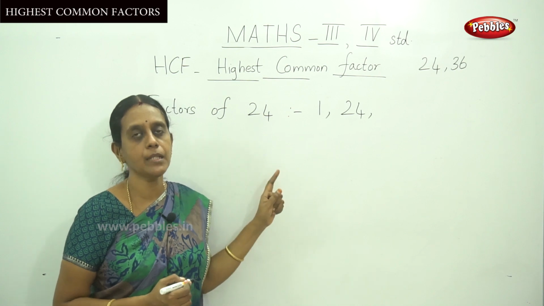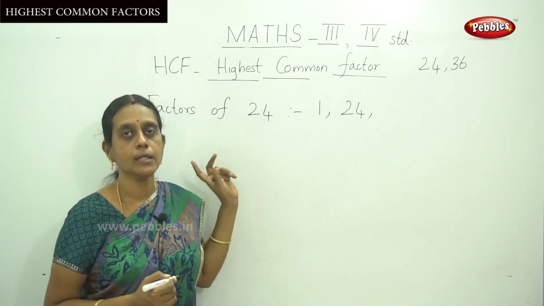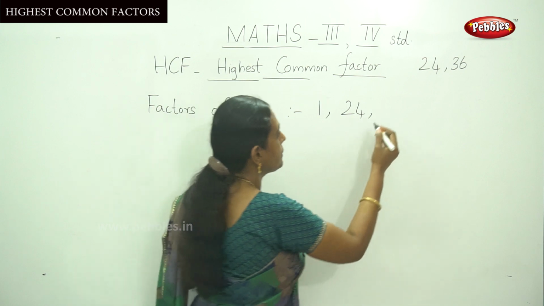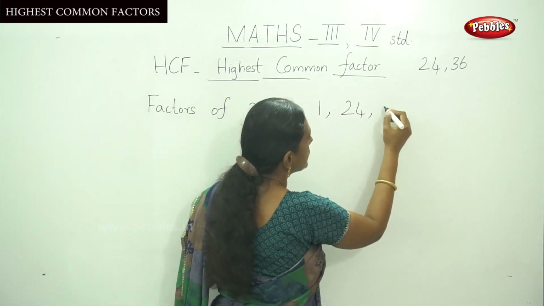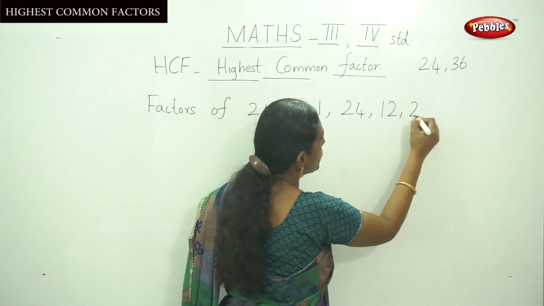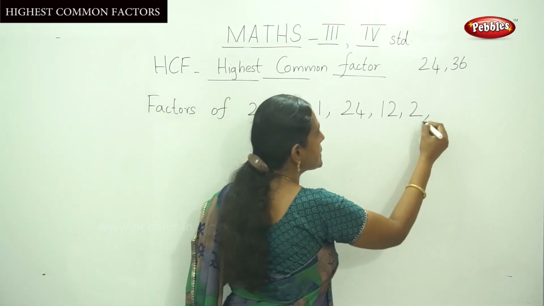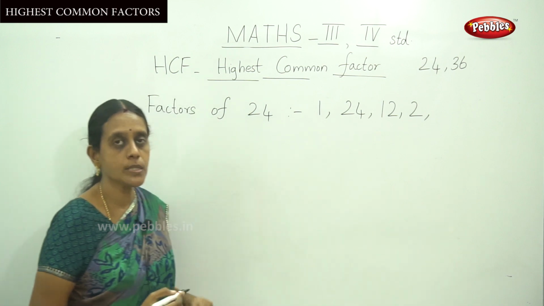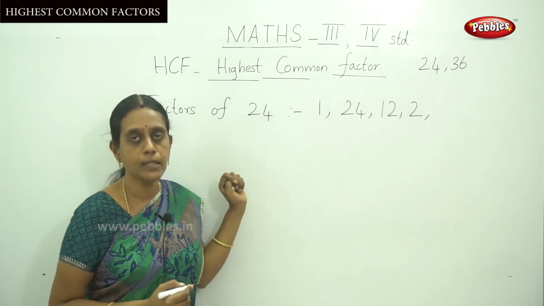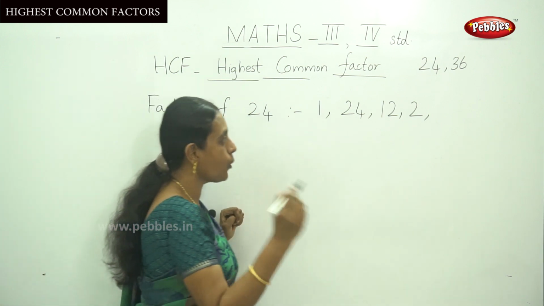Next, 2. In the 2 table, 12 twos are 24. So 12 and 2. Next, the 4 table: 6 fours are 24. So that is 4 and 6.